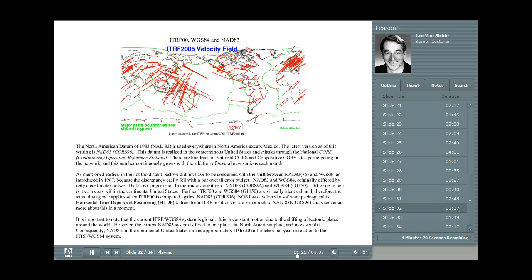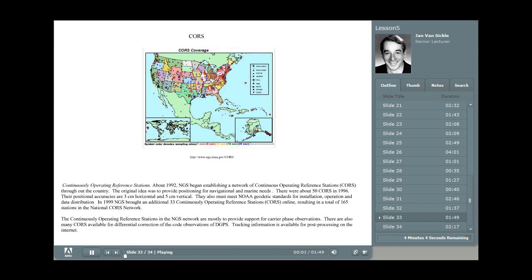It is in constant motion due to shifting tectonic plates. However, the current NAD 83 system is fixed to one plate, the North American plate, and moves with it. Consequently, NAD 83 in the continental United States moves approximately 10 to 20 millimeters per year in relation to the ITRF WGS 84 system.